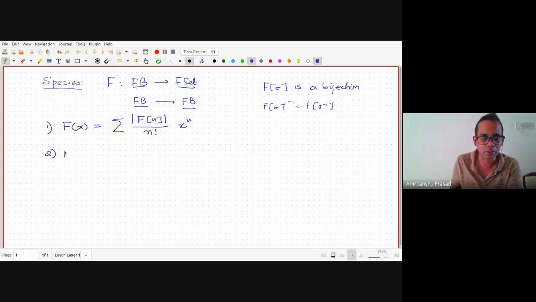Then there's this thing called the type generating function, which is, let's just write, the sum over n greater than or equal to 0 of the Sn orbits on Fn. So it's basically saying isomorphism classes of F structures on n. And the third is the cycle index generating function.